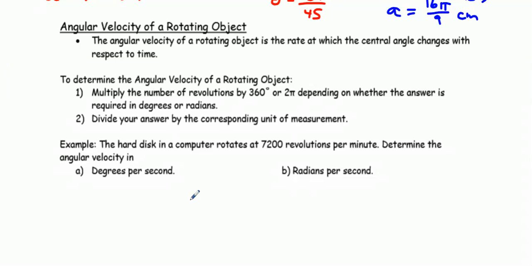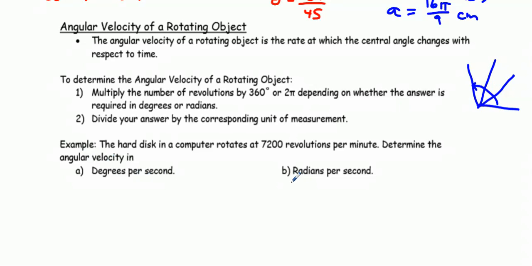Angular velocity, super easy notion. The angular velocity is the rate at which, if one arm is rotating, the angle is changing as one of the arms of your angle is rotating. Okay, so we can talk about angular velocity in terms of degrees per second. So what is the rate of change of the degrees over time?